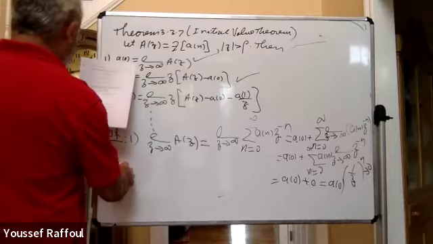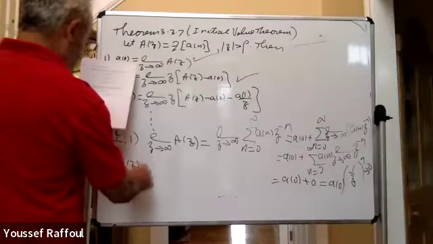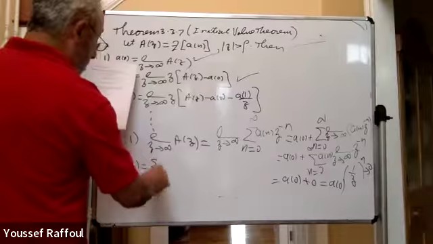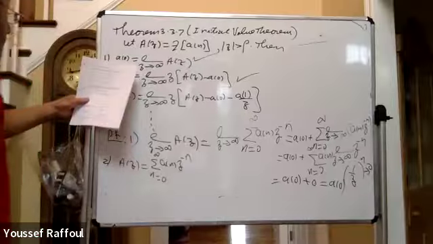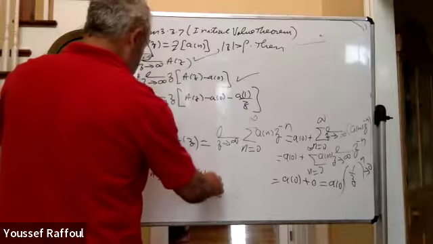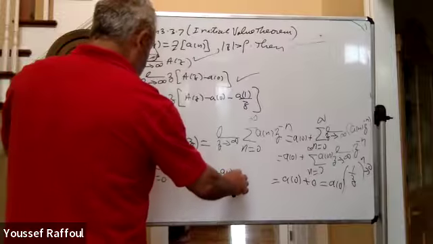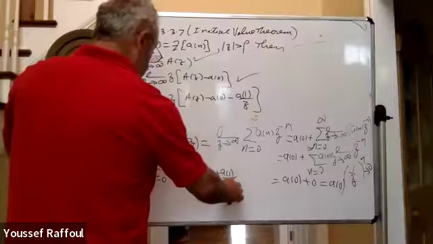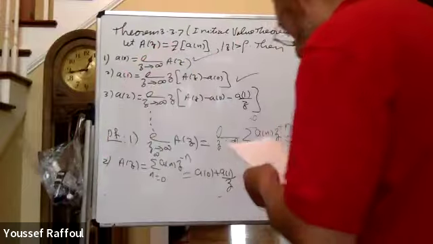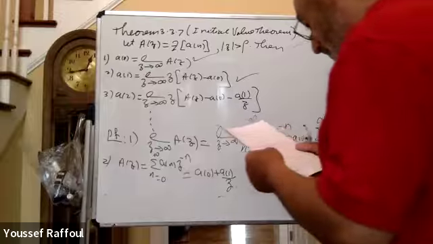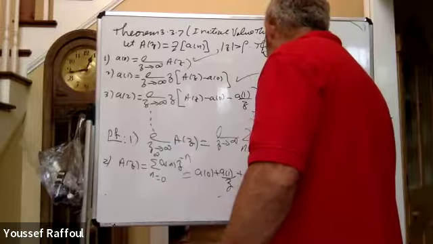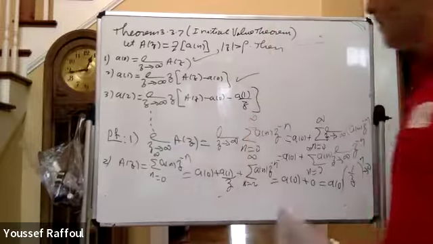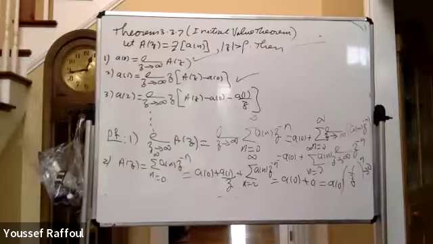For B, A(Z) is the sum from n equals 0 to infinity of A_n Z^(-n), and that is A0 plus A1 over Z plus the sum from n equal to 2 to infinity of A_n Z^(-n).